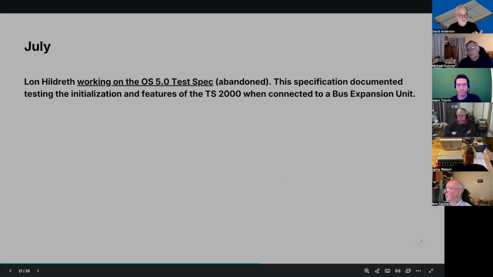And one of the really quite interesting notes that Lon has in his notebook about this is it's possible to have more devices on the bus, through the bus expansion unit, through other units beyond it, than can be recorded in the system configuration table, because it would eventually just grow. If there were too many, that would grow up into the stack.